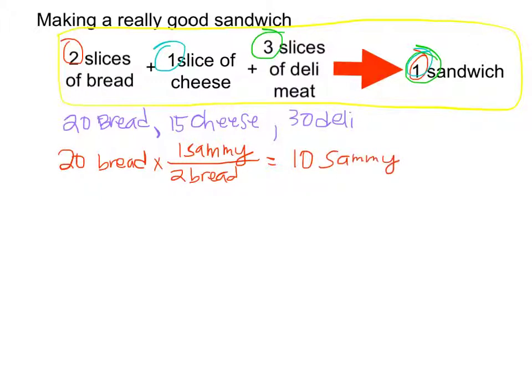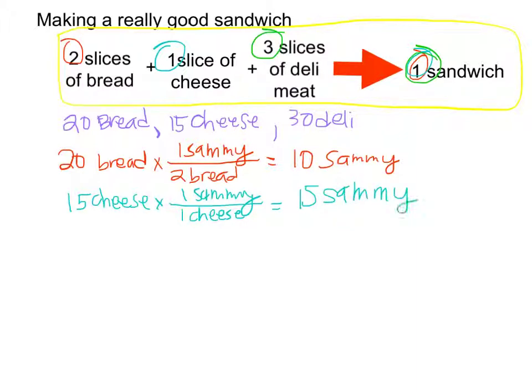Okay, let's go ahead and look at the cheese. We start off with 15 slices of cheese. And for every sandwich, I use 1 slice of cheese. So I can make 15 sandwiches with the amount of cheese that I have.